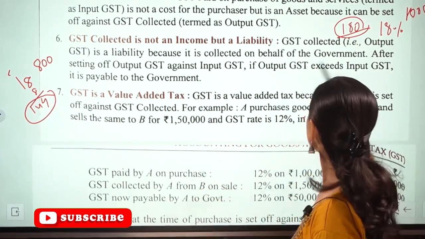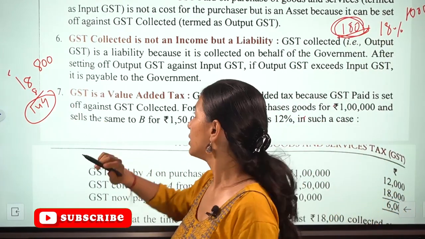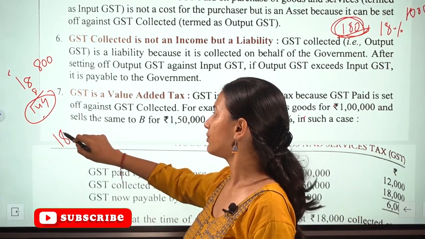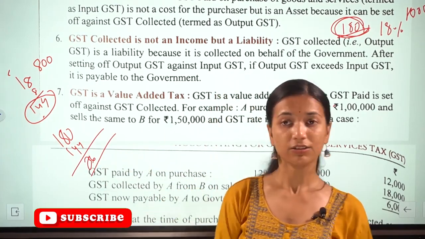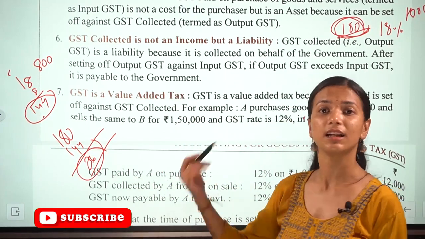Now see, since we paid 180, this has been collected by the government itself. So now we are getting only 144. So there is a difference between them, 180 minus 144, this is your 36. So this 36 rupees is payable by the person who was selling the goods.